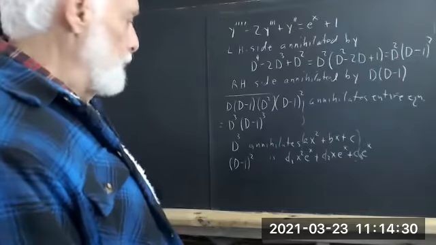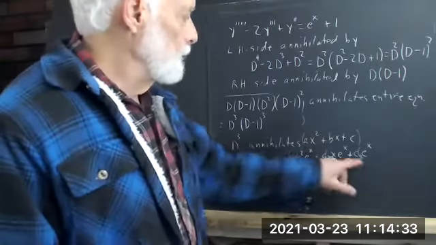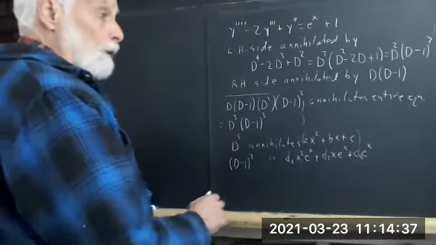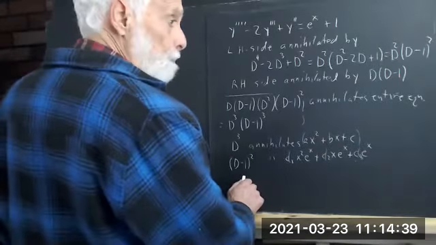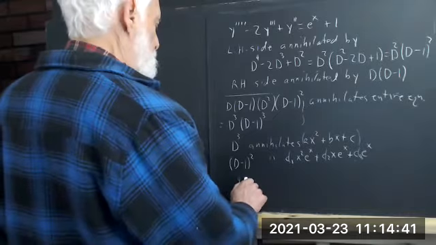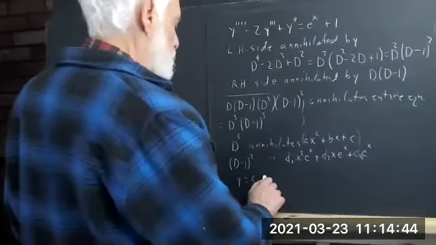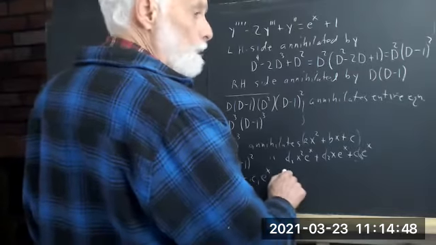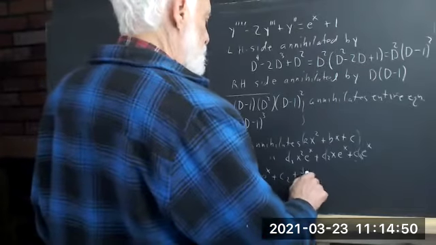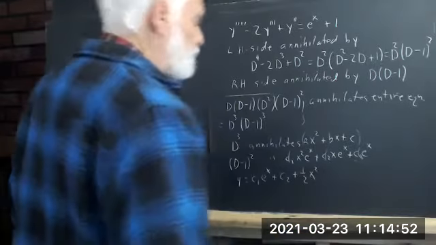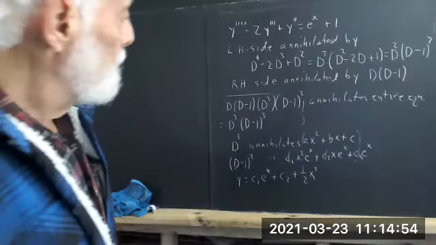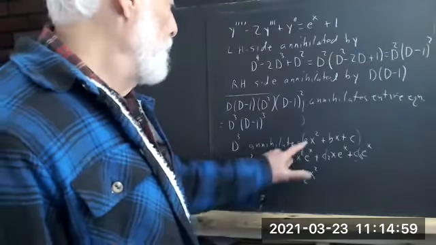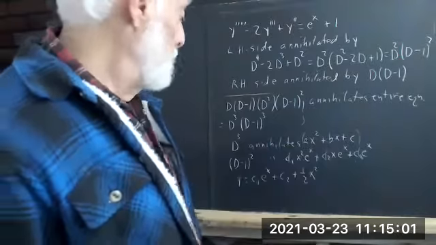It's going to turn out that you need all these terms in your solution. And you gave your solution as C1 e to the x plus C2 plus 1/2 x squared. Well, all those terms match terms that we have up here.